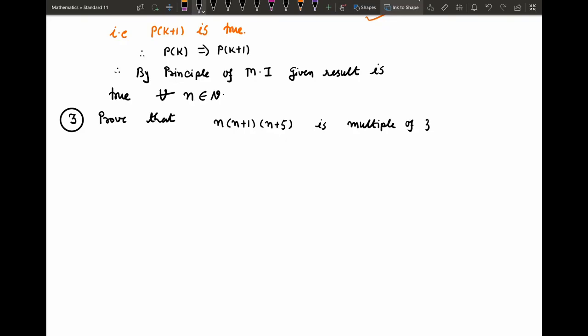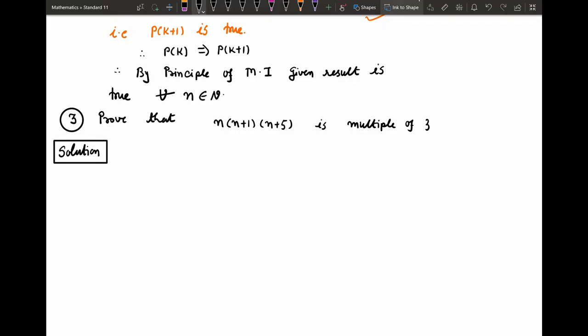So n into n plus 1 into n plus 5, this number must be a multiple of 3. So we have to prove this result. So we will prove this result by principle of mathematical induction.